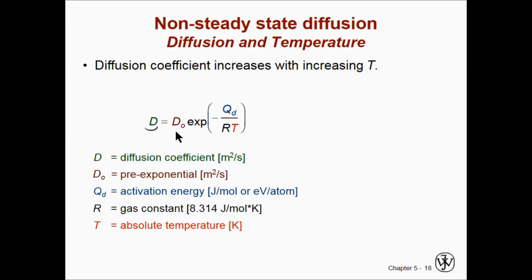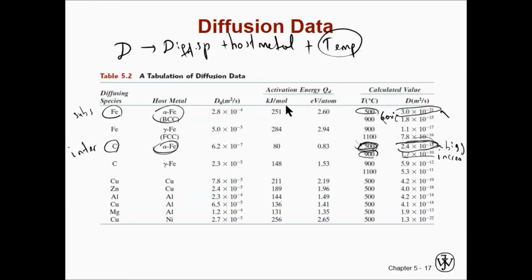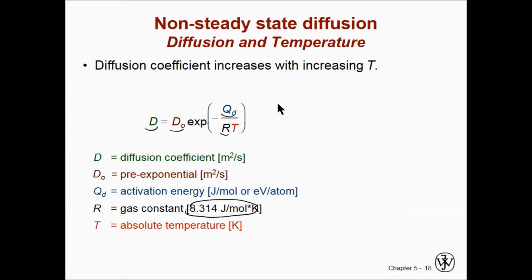So that's the diffusion coefficient, the pre-exponential, and the activation energy, which depends on the diffusing species and host material. The gas constant is a constant value. Over here it's joules per mole multiplied by Kelvin. That's why, if you see joules per mole over here, in this table I will choose activation energy in kilojoules per mole, because that's somehow the same unit.